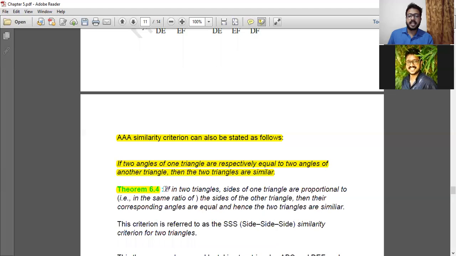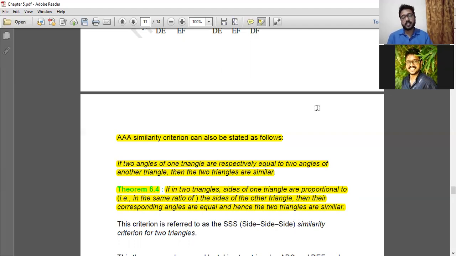Theorem 6.4. If in two triangles, sides of one triangle are proportional, that is, in the same ratio as the sides of the other triangle, then their corresponding angles are equal, and hence the two triangles are similar. I have told you in our last class about the converse of a statement. Actually, theorem 6.4 is the converse of theorem 6.3 itself.